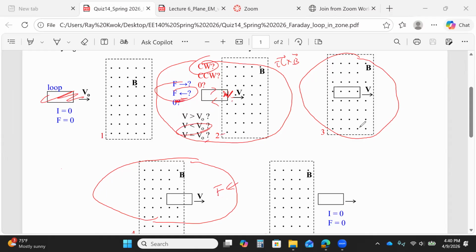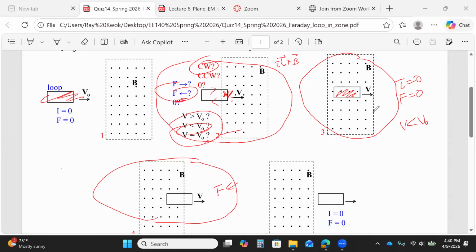Okay. Now, how about here? Here, there's no more current because there are no more changes. So is there a force? No current, no force. But the velocity will still be less, because I already decreased the velocity here. The velocity is not going to go back up, right?